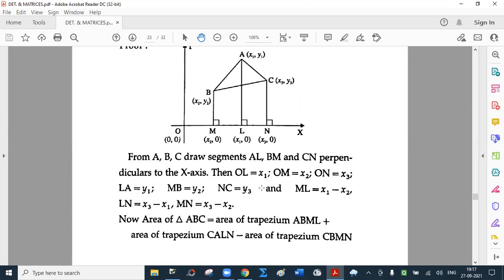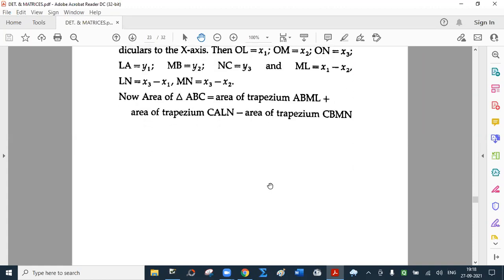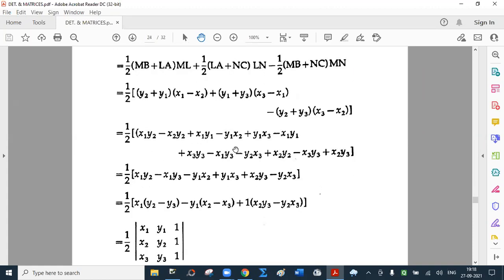Do we have a formula for the area of a trapezium? Yes, it is half into the sum of the lengths of parallel sides into the distance between them. Use that. You have to be very careful. So half, MB is y2 plus y1, LA is x1 minus x2.